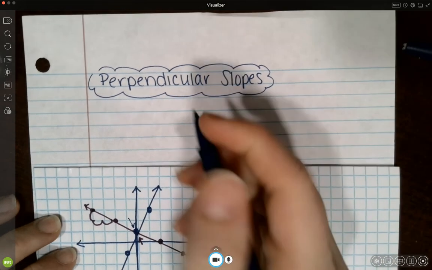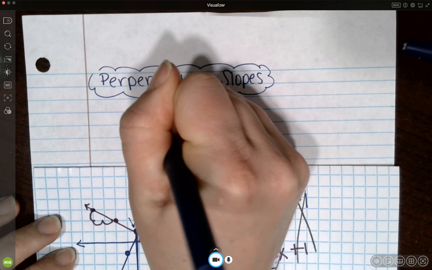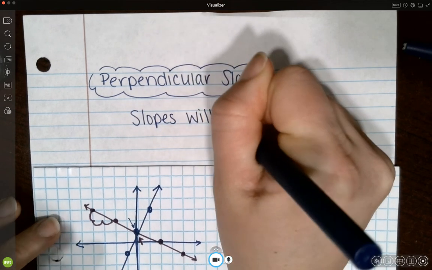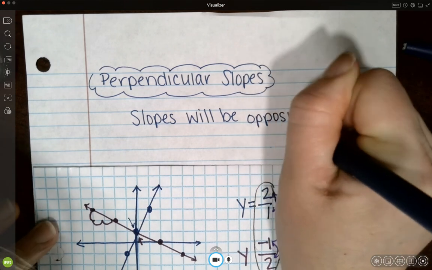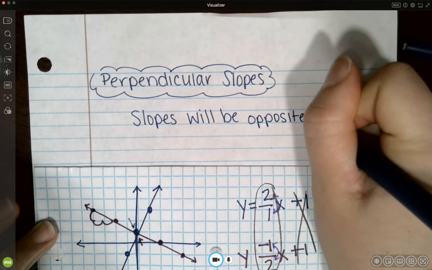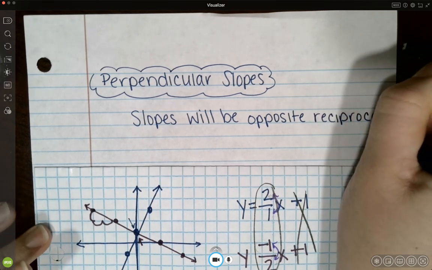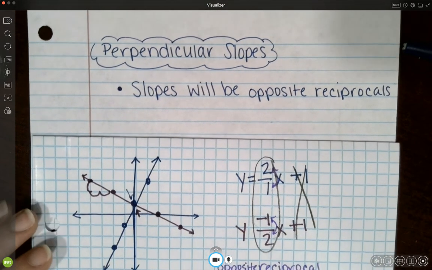Okay. All right, these slopes will be opposite reciprocals. Okay, so the slopes will be opposite reciprocals.